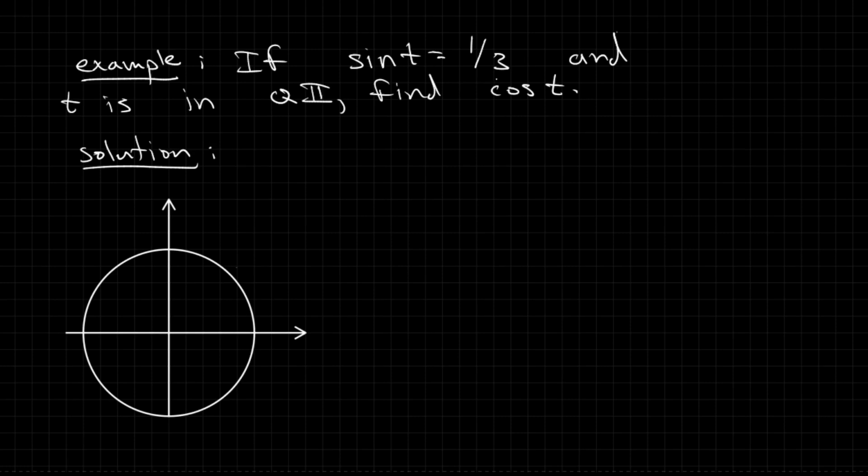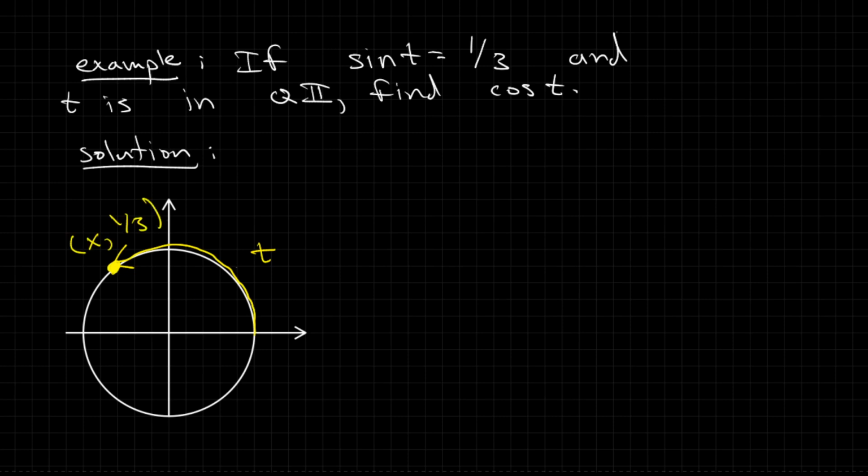So sine of t is 1/3 and t is in quadrant 2. So t is somewhere in quadrant 2, and the terminal point here is something, x comma 1/3.